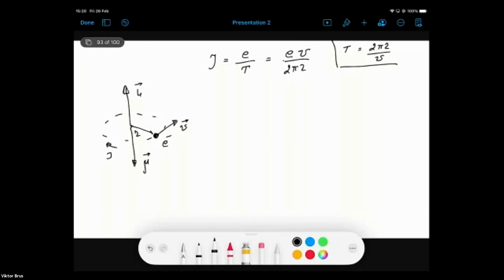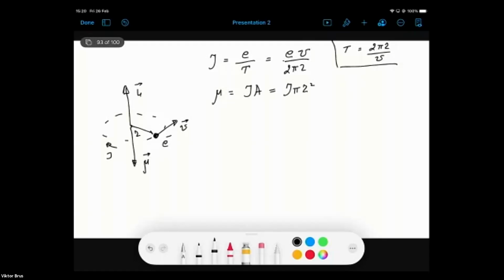And also we know from previous lectures that the magnetic moment's magnitude is calculated as electric current times the area defined by the closed current loop. In this case, it will be I times pi r squared.